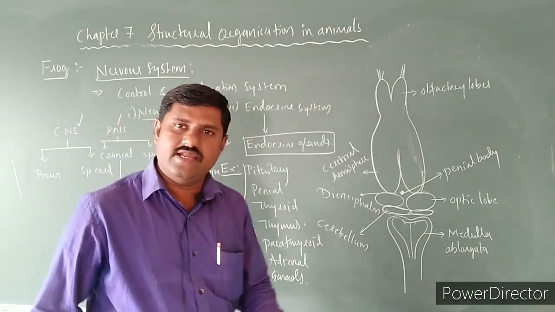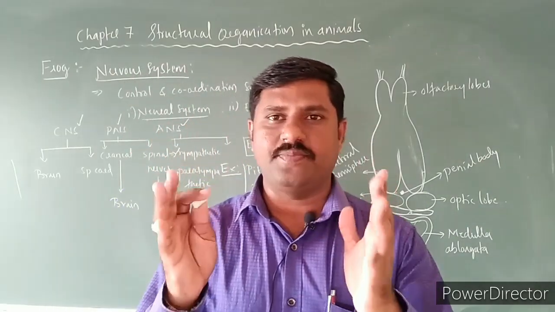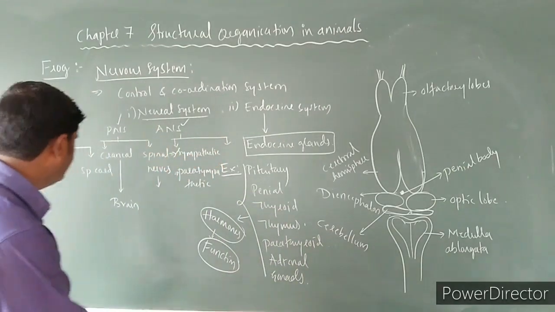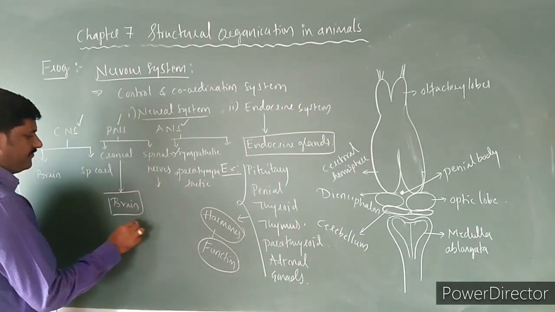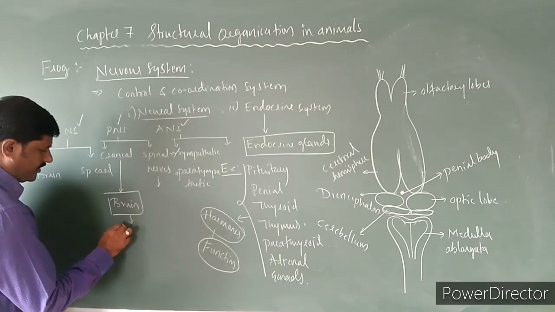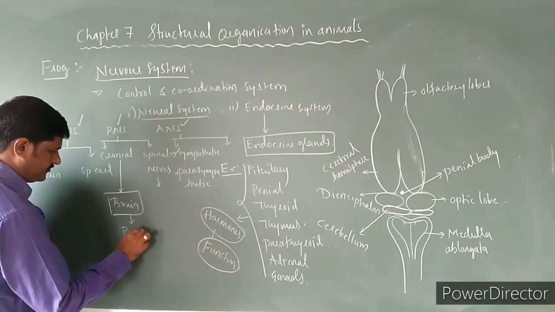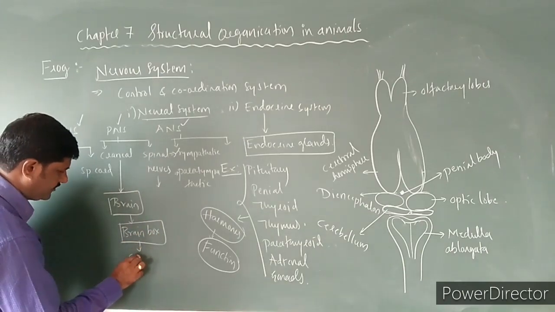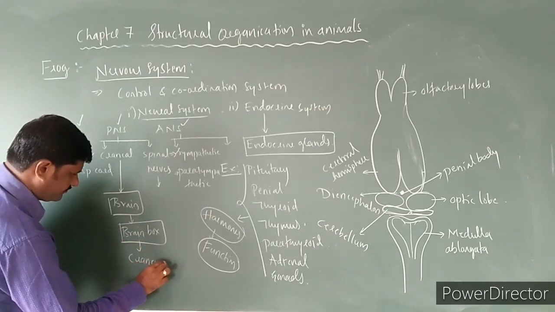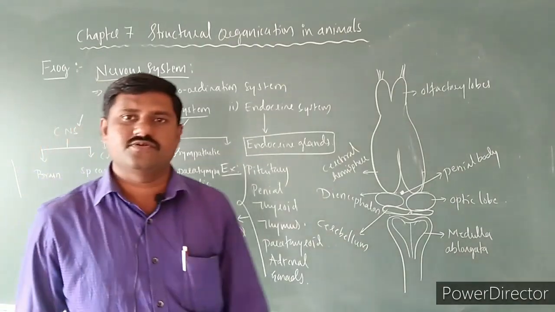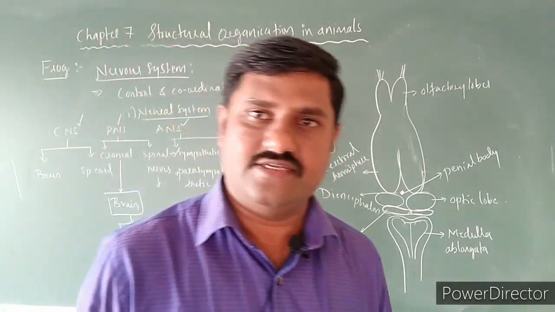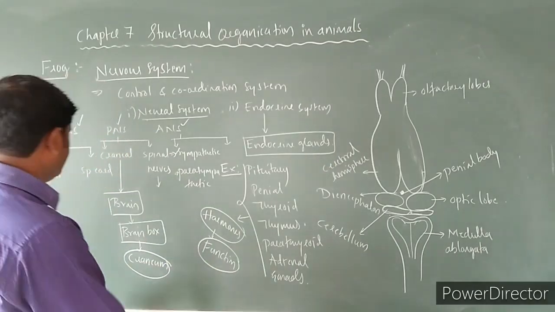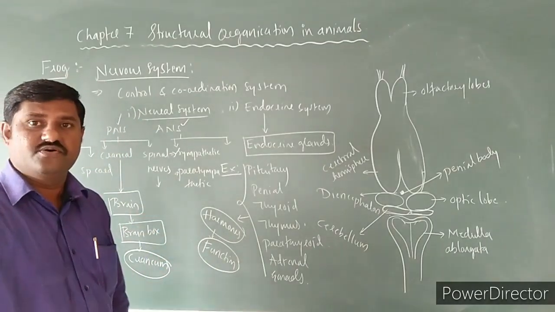In the case of a frog, the brain is kept inside a brain box called the cranium, right? So brain box or cranium. This is the fact you should know.